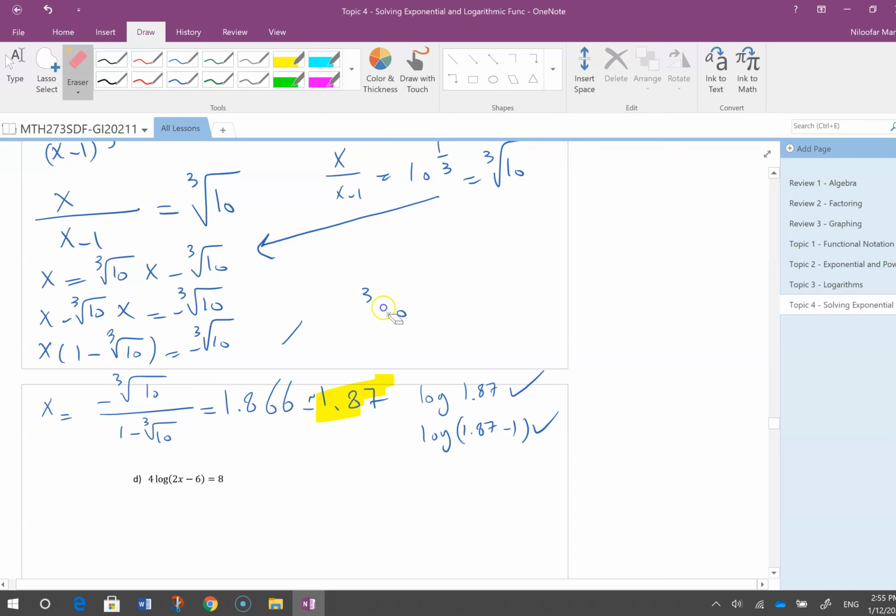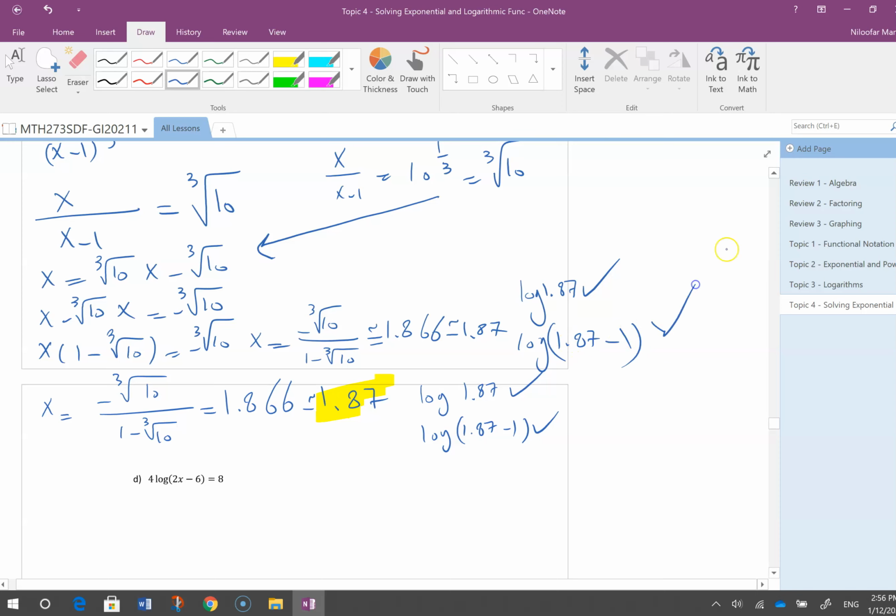Okay, so x is this. That's almost. Yes, and logarithm of this is valid, and logarithm of 1.87 minus 1 is also valid.